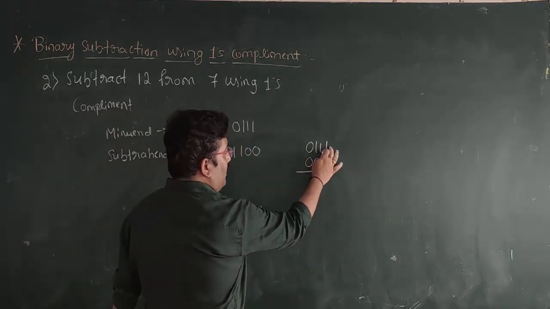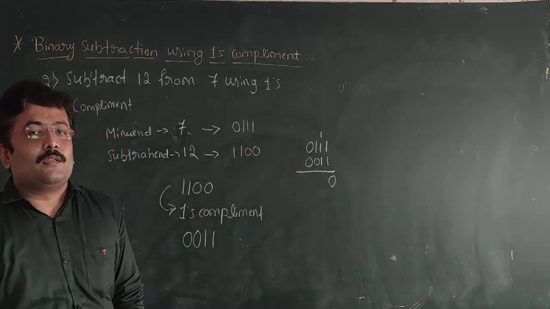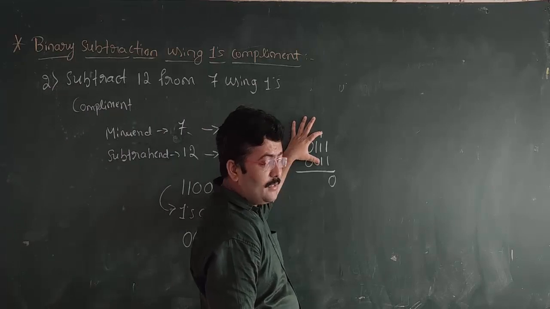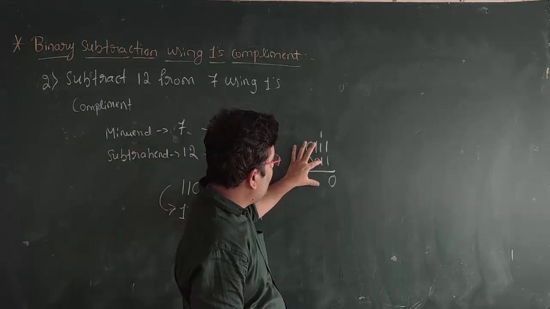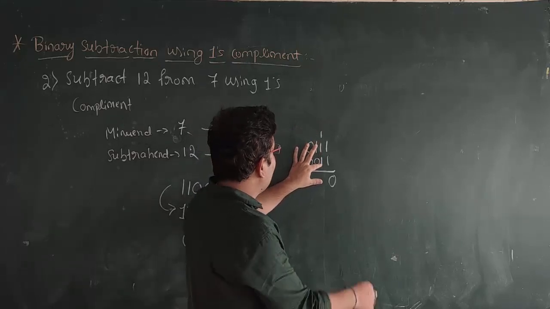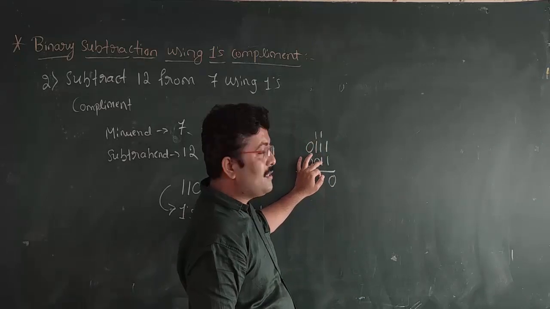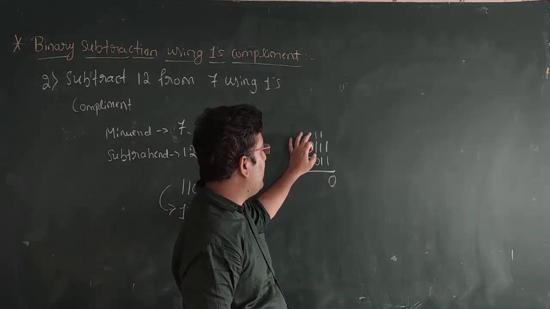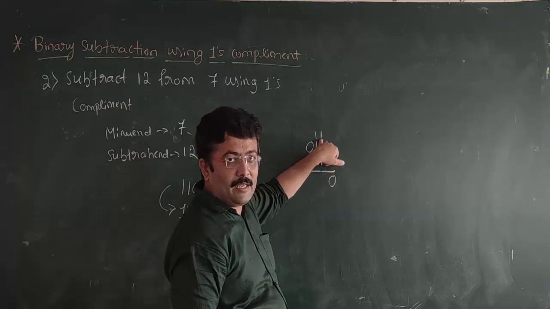Next, 1 plus 1 is sum 0, carry 1. So listen here. Here there are 3 ones. So first take 2: 1 plus 1 is sum 0, carry 1. So the carry I am adding here. So 1 plus 1 is sum 0, carry is 1. So the carry I already entered here. So sum is 0. 0 plus 1, again here carry is there.